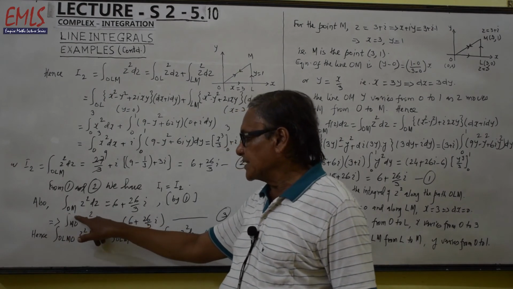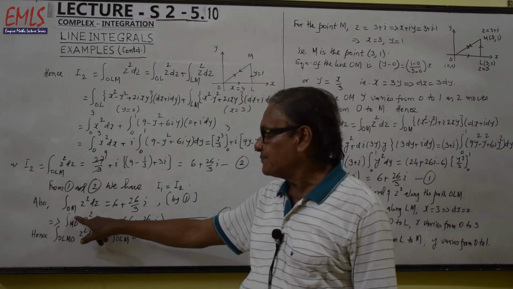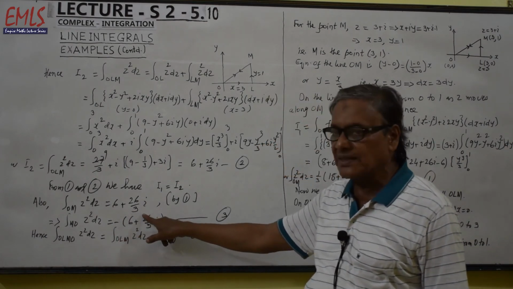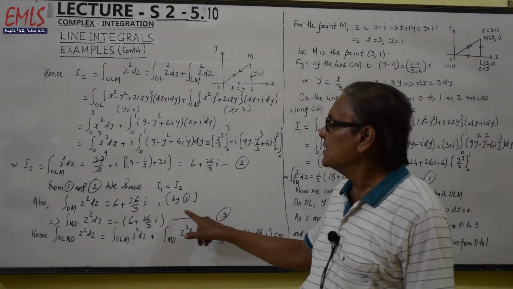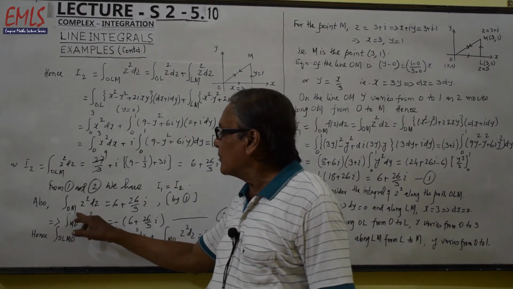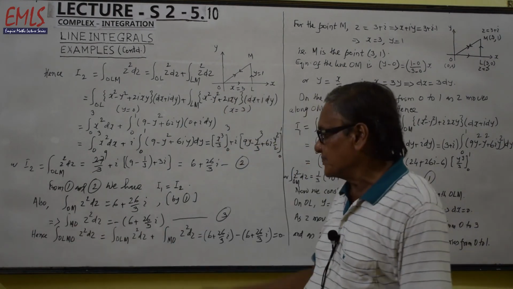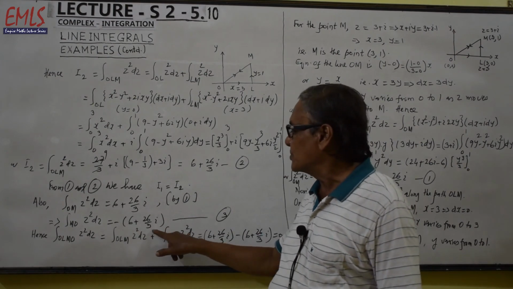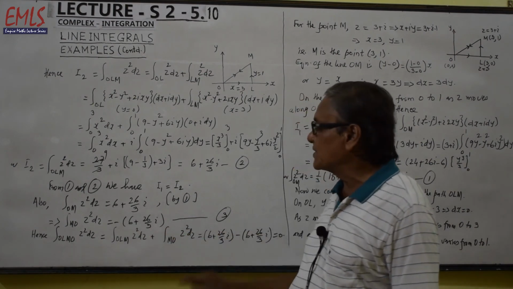Also, the integral along OM of z squared dz is 6 plus 26 by 3 i by 1. So the integral along MO, in the reverse direction, will be minus times this, that is minus (6 plus 26 by 3 i). This is point number 3.